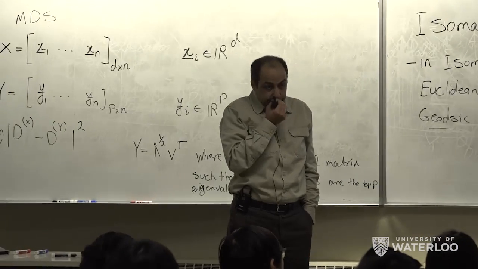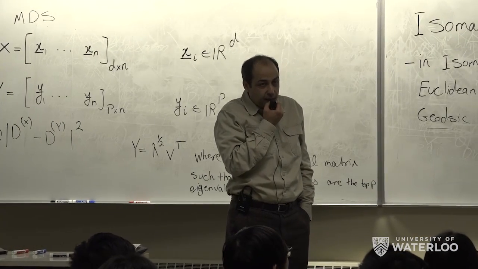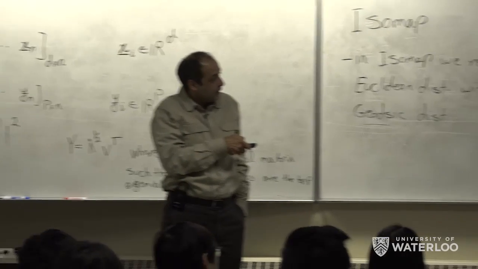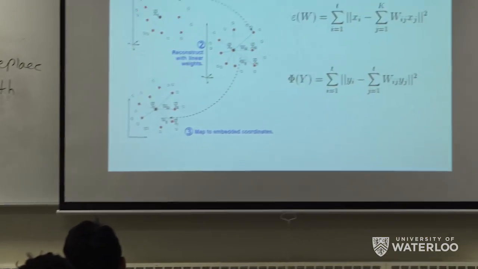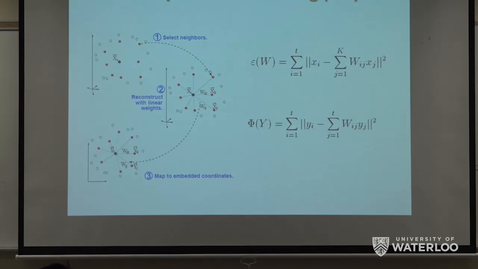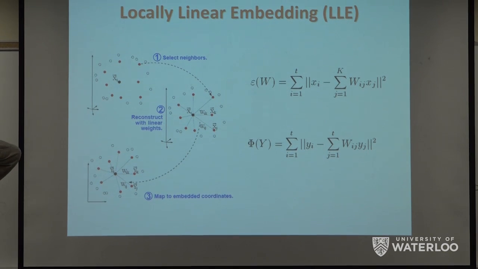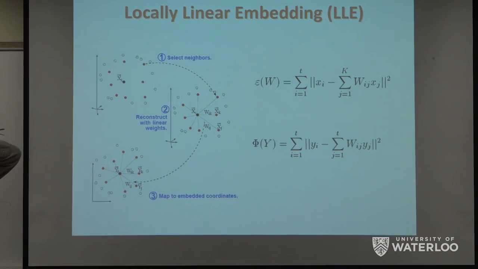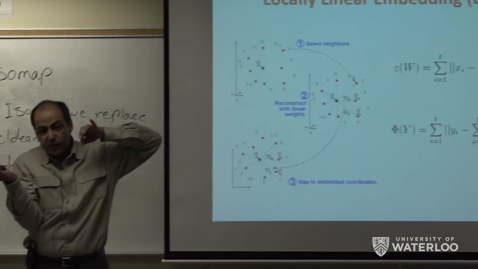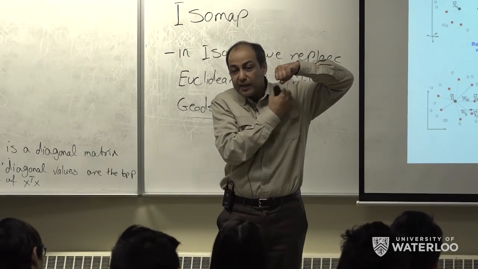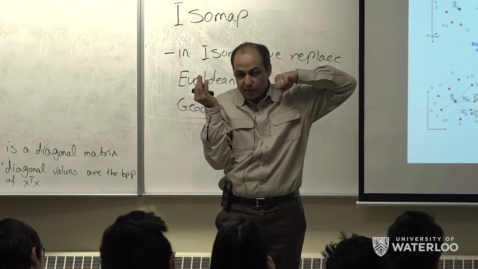For the second one, the inner summation is straight from i to... Second one? No, it's j from 1 to T. Because when you're computing W for the k nearest neighbors here, the W for the rest of the data would be 0. So you're reconstructing this point with its k nearest neighbors, and the rest of W would be 0, right?